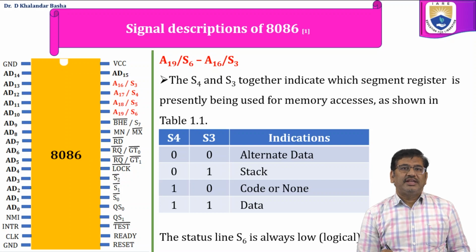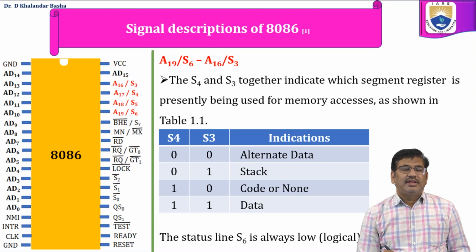When S4, S3 are 01, the processor is accessing the stack segment. When S4, S3 are 10, either the processor may be accessing the code segment register or the processor may not be accessing any one of the segment registers. When S4, S3 are 11, the processor is accessing the data segment register.